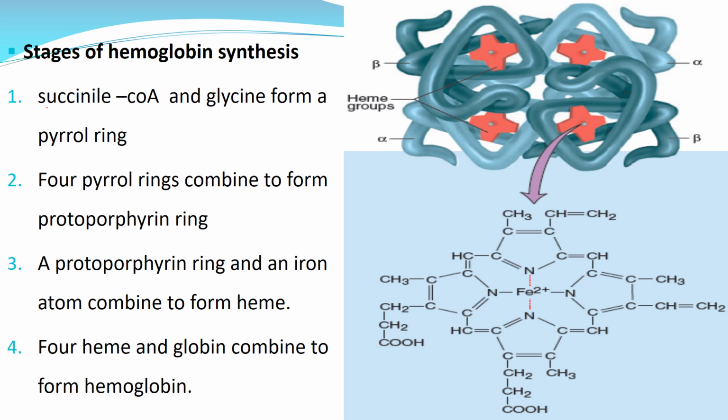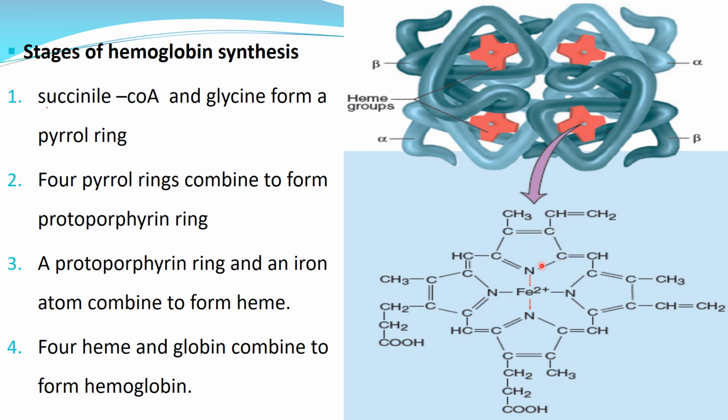Hemoglobin can be produced from different precursors, which include succinyl-CoA and glycine. Initially, the succinyl-CoA and glycine are combined in a chemical reaction to form a pyrrole ring.